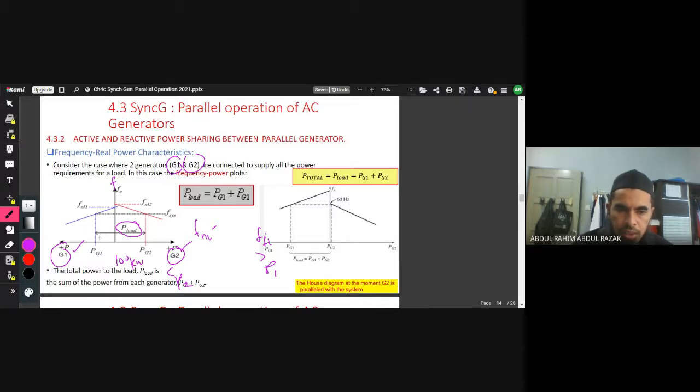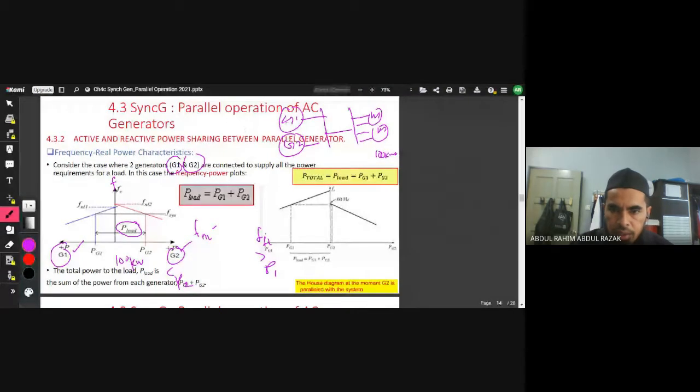So we connect to the load, and we have G1 and G2 connected to the bus bar, the transmission line, and we have a lot of motors here. So the total motor load will be 100 kilowatt.